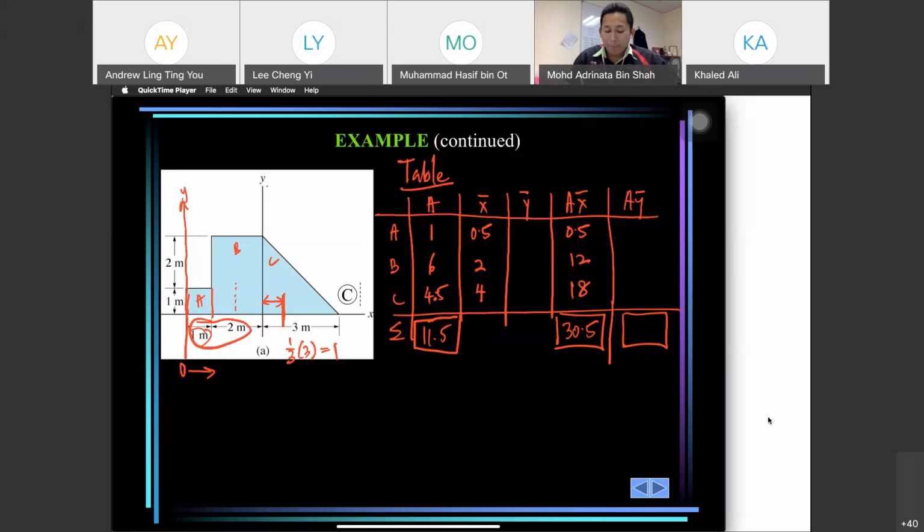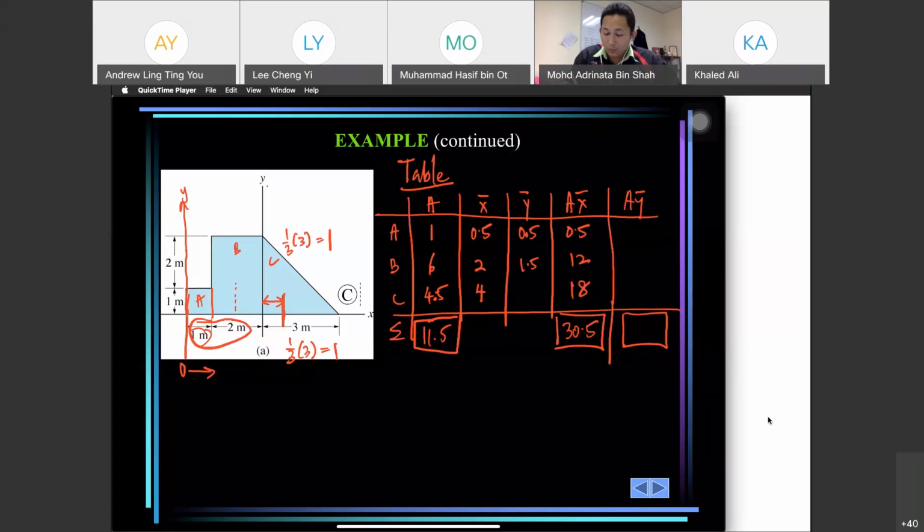Y bar. Y bar should be the same from the same examples. So Y bar for A is, we know 1 meter, so Y bar is 0.5. The height of B is 3 meter divided by 2, 1.5. For triangle is 1/3 over the height.